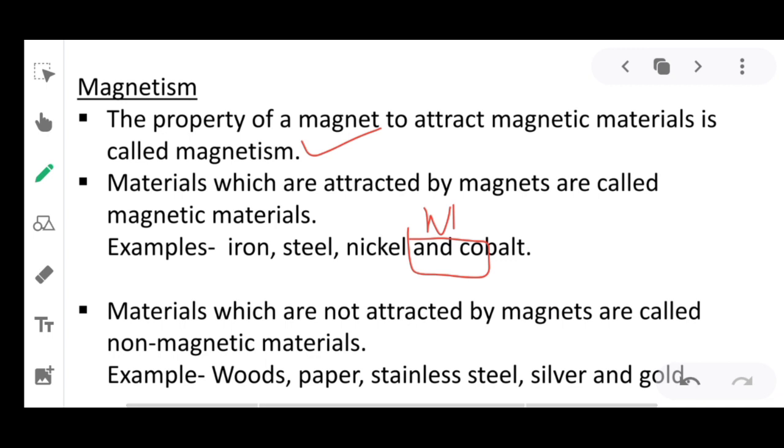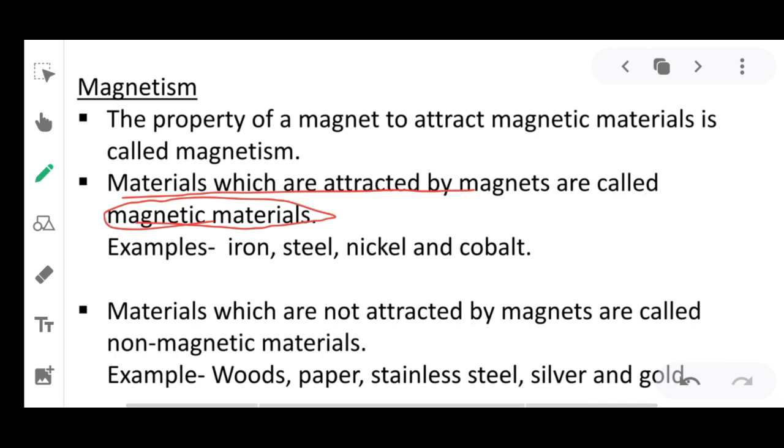Because a magnet attracts the magnetic materials. So the materials which are attracted by the magnets, like iron, steel, nickel and cobalt, are called magnetic materials.